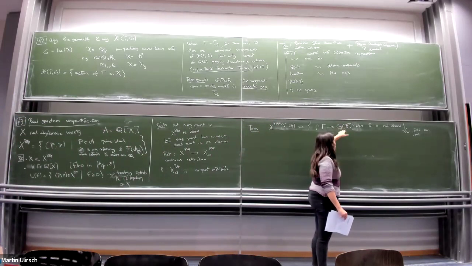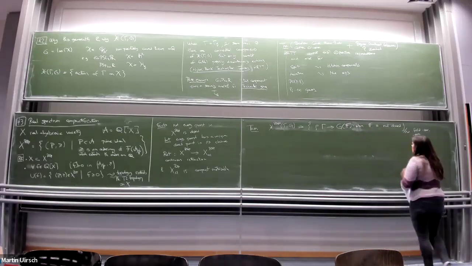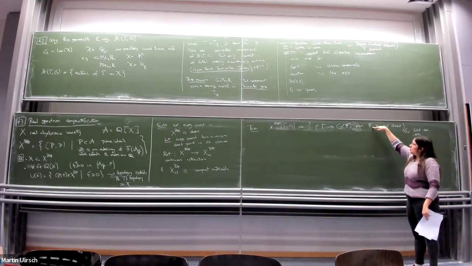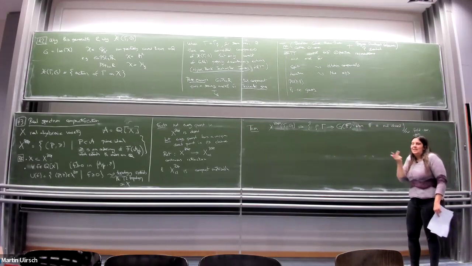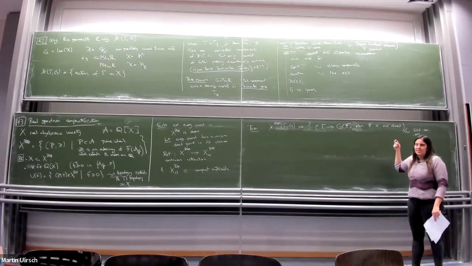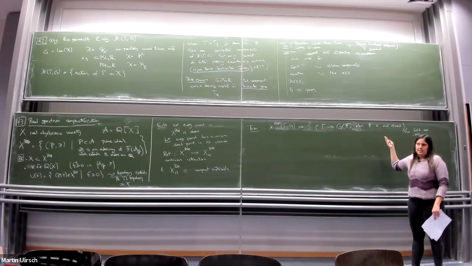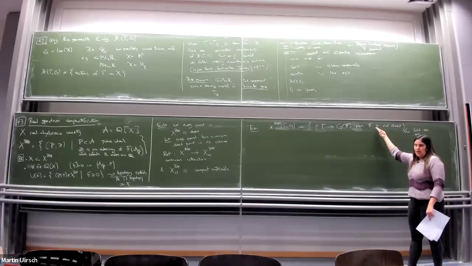G would be an algebraic group, so I can consider it over other fields that are not R. Here I consider real closed fields. Real closed means that F is ordered and maximal, with no algebraic extension to which the order extends. R is not algebraically closed, but it is real closed, meaning it has no algebraic extension to which the order extends.